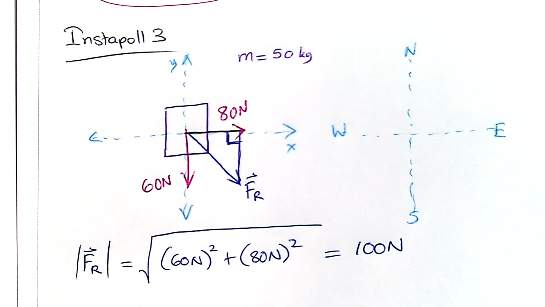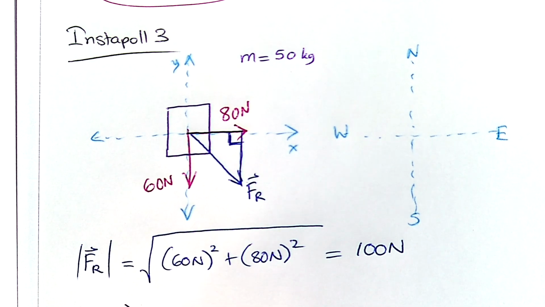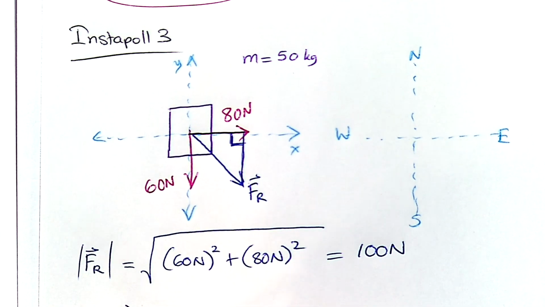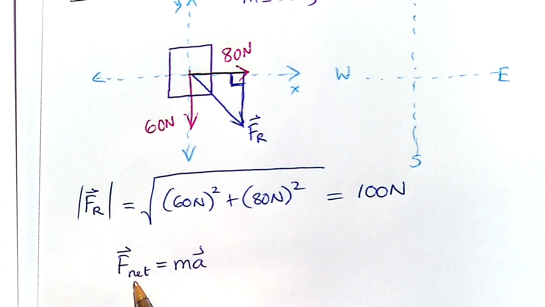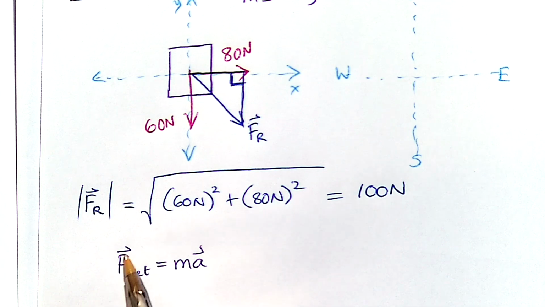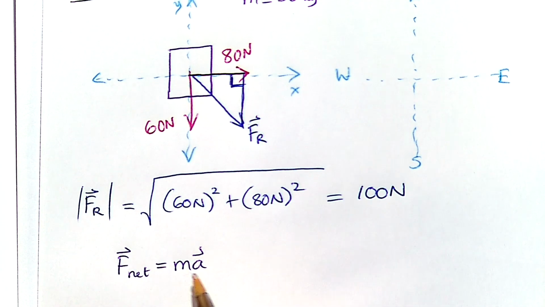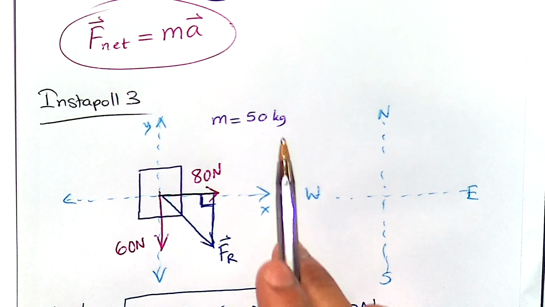So our big idea is that the net force is equal to mass times acceleration. Whatever the direction of the net force is, that is the direction of the acceleration, and vice versa. The force is a vector, and the mass is a scalar, just some number and units.